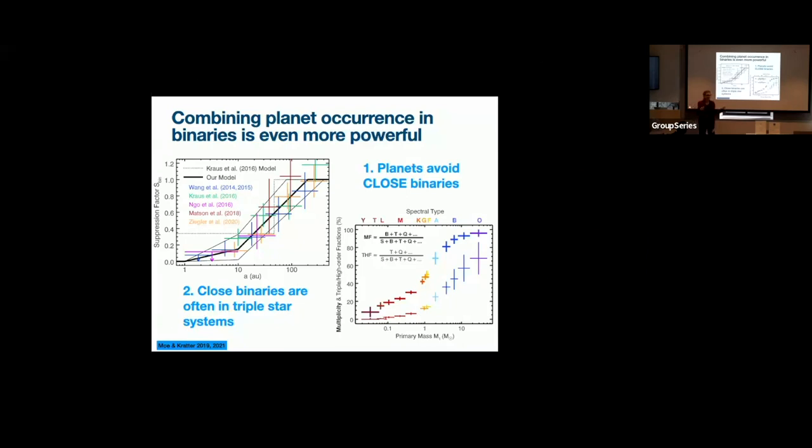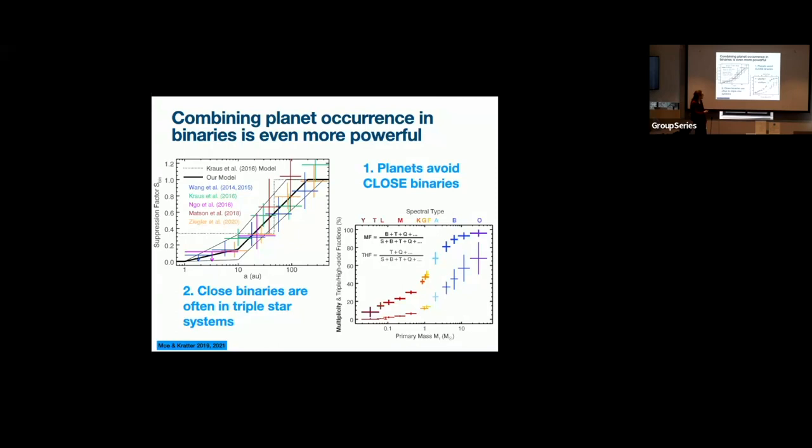So planets don't like to be in close binaries. By the time I get out to 100 AU, basically it seems that planets don't really care if there's a binary much beyond 100 AU. So planets don't like to be in triple systems where there's a close-in companion.